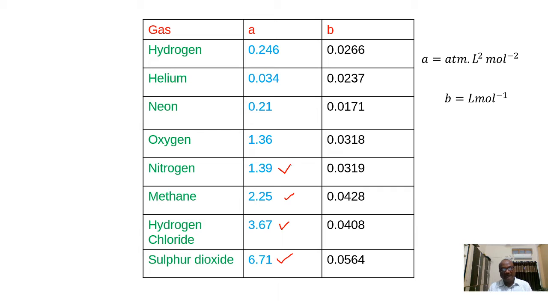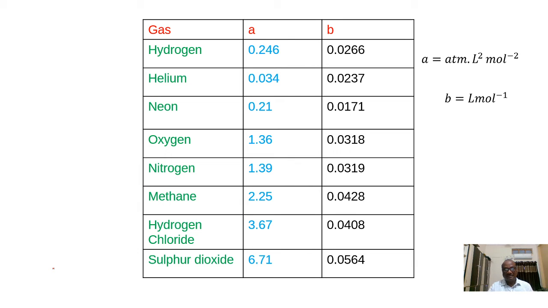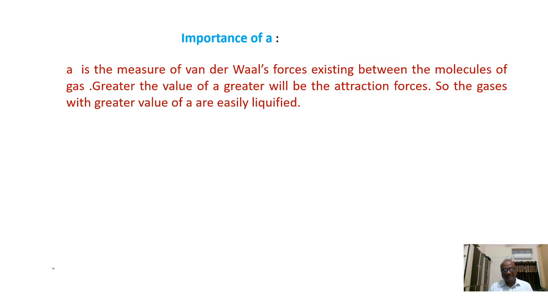That's why it cannot be liquefied very easily. Similarly hydrogen and neon are not easily liquefied, because the intermolecular attraction forces are very small in these cases. Like that, A is a measure of the magnitude of intermolecular attraction forces existing in gases. That is the importance of A.